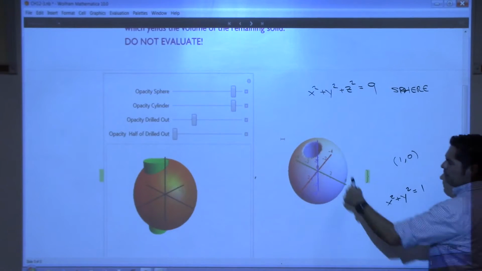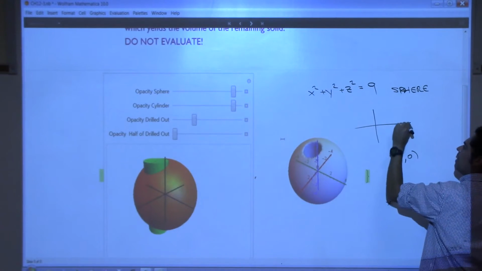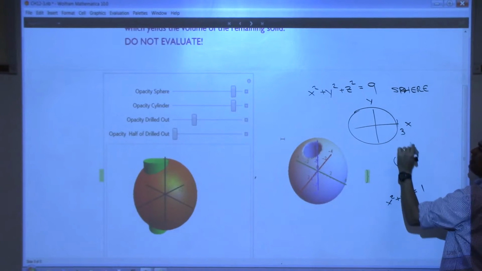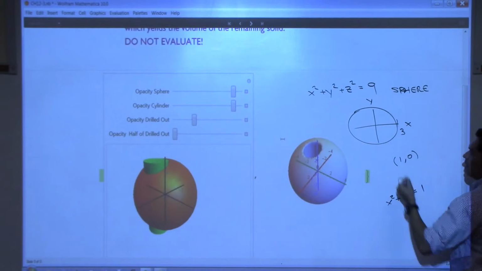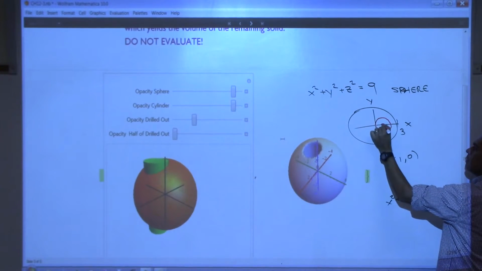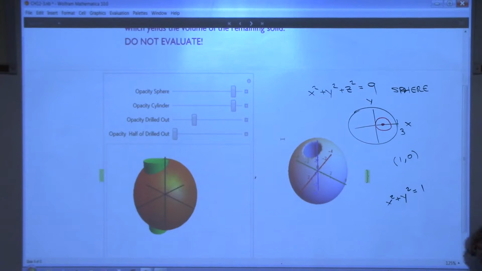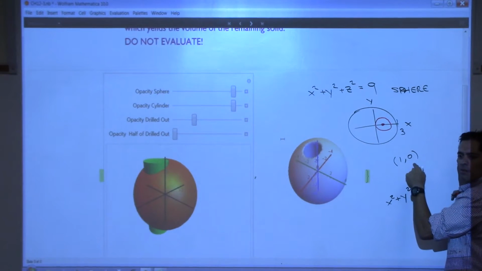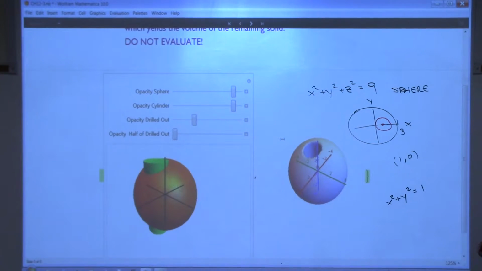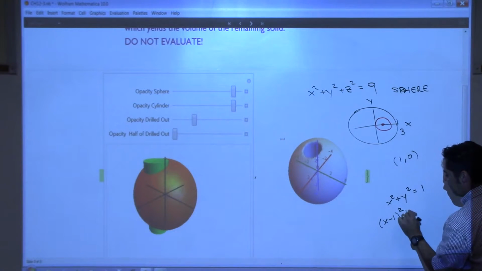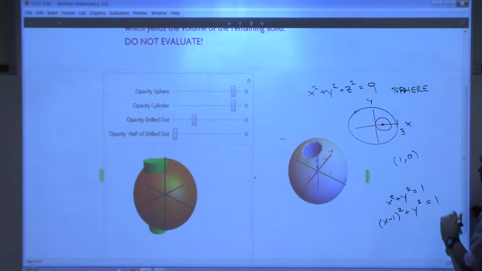So look, if I'm looking straight down on this, let's say this is my x-axis, this is my y-axis. Here's the sphere, right? Radius 3. My drill bit comes in here like this. Comes in like that, drills out. So the center of my cylinder should go through this point 1, 0. Very good. All you do, remember how we shift things around, right?